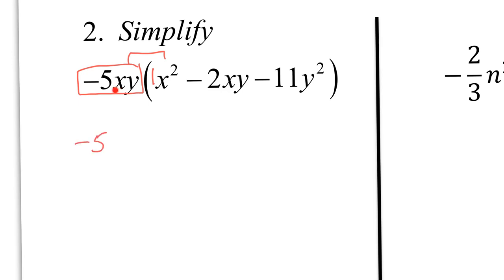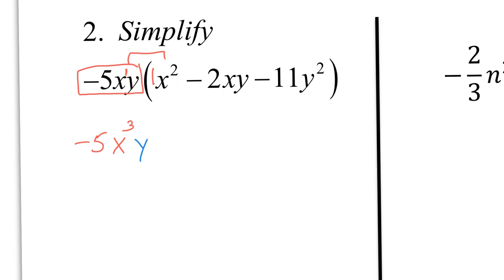You do have an x outside times an x squared inside. Remember, the x outside has an invisible 1. So x to the invisible 1 exponent times x squared. That's going to be x to the third. You do have a y outside, but we don't have a y inside. So I'm going to have a y by itself because I'm not going to add anything to the exponents of this y, because we don't have a y inside.